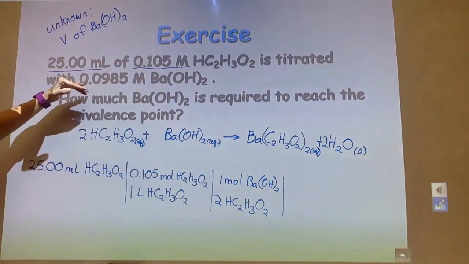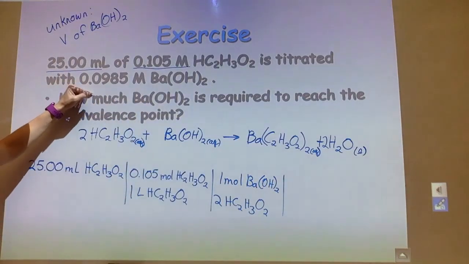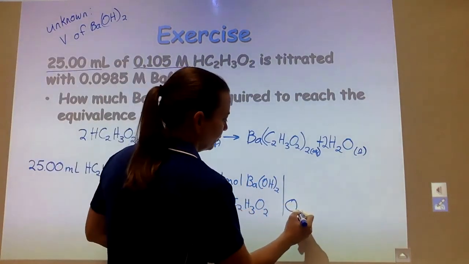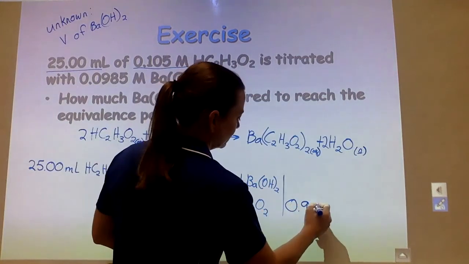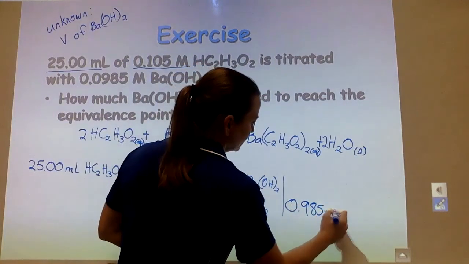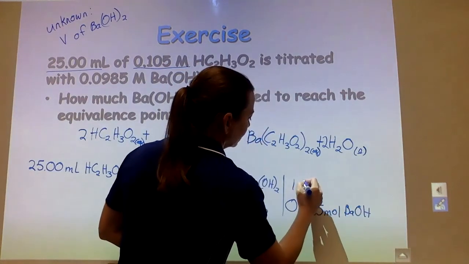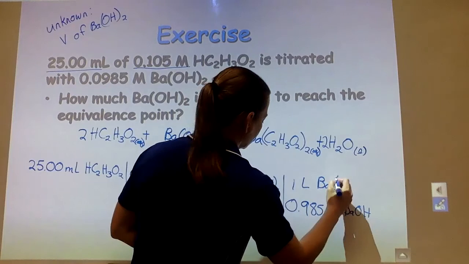And I know the molarity of the barium hydroxide. So now I'm going to use the molarity as my conversion factor here at the end. So I'm going to say 0.985 moles of barium hydroxide for every 1 liter of barium hydroxide.